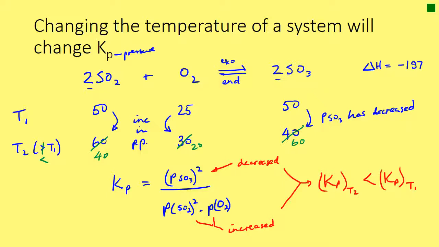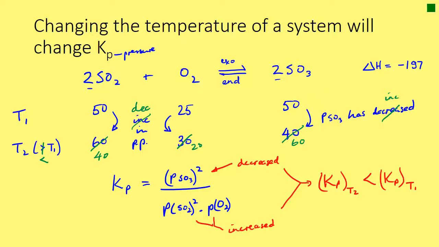So with those changes happening, you can see that for sulfur trioxide on the right, the partial pressure has increased, and for the two reactants, instead of an increase in pressure, the partial pressures have decreased.